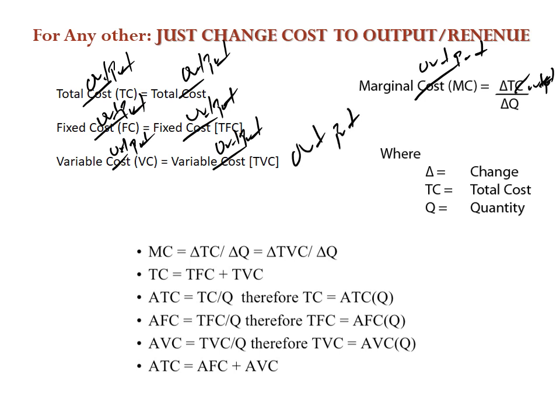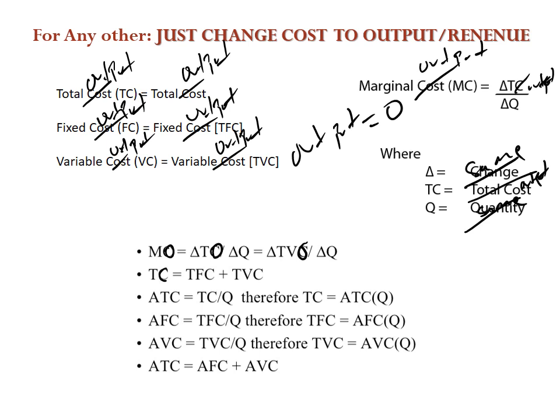It stays the same. Your average will be the same as your change in total output divided by change in quantity.